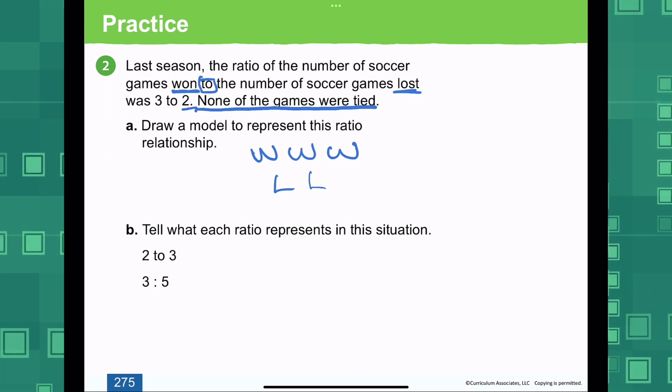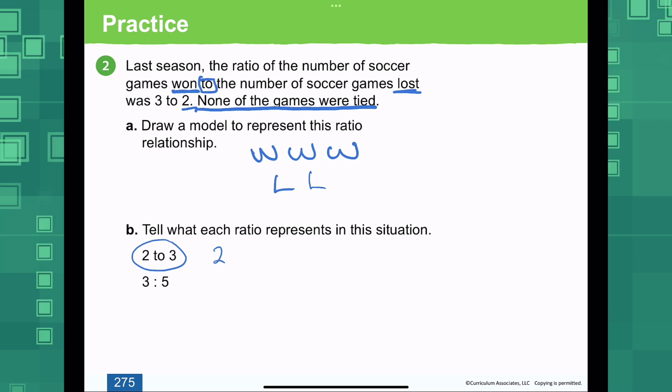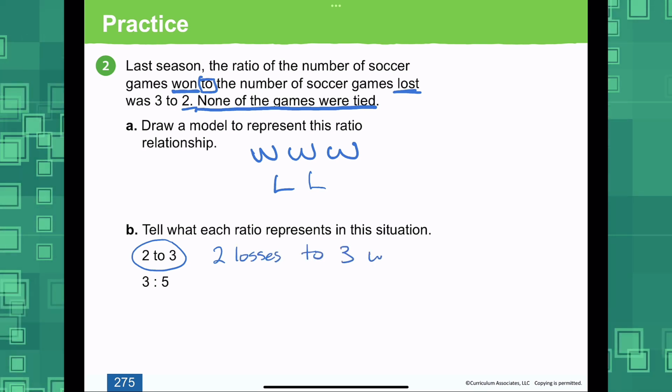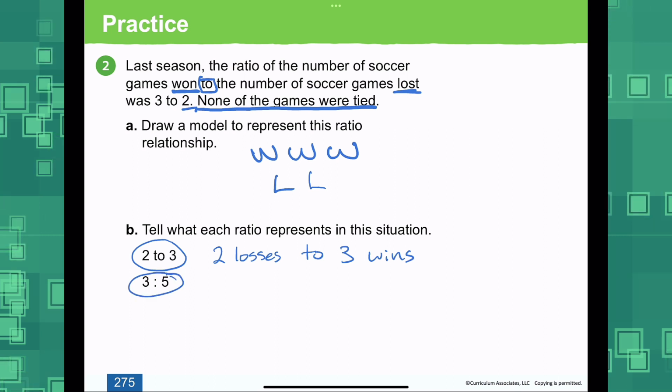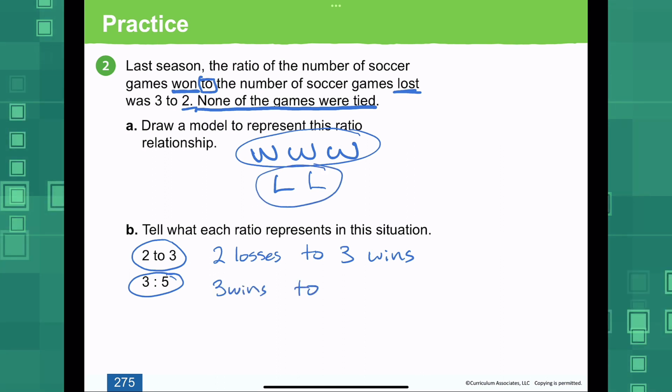And then in part B, it says tell what each ratio represents in this situation. 2 to 3? Well, that would be 2 losses to 3 wins. What about 3 to 5? Well, I have 3 wins, so that's got to be 3 wins. 5, well, I've got 5 total games played because remember, none of the games tied.